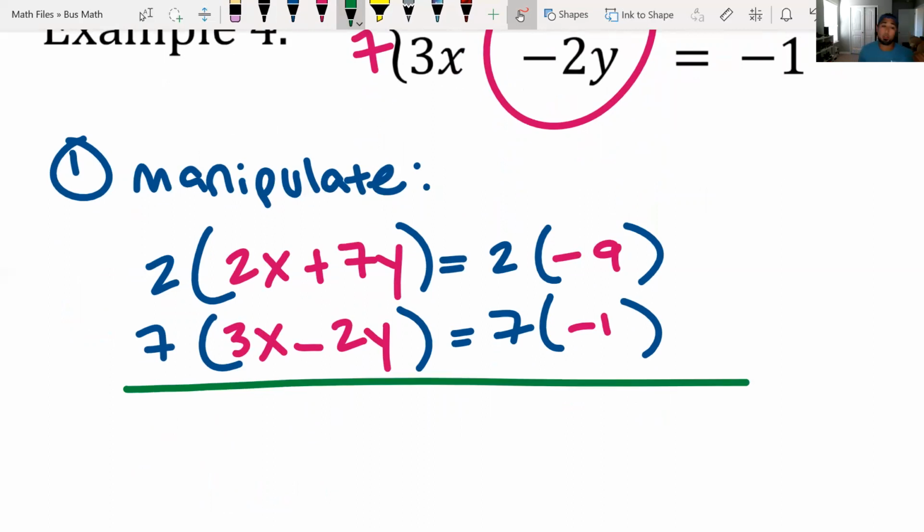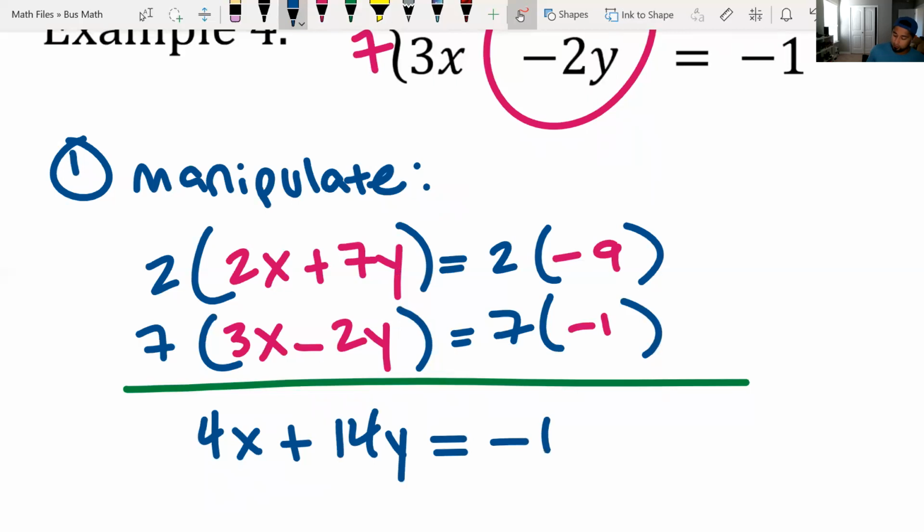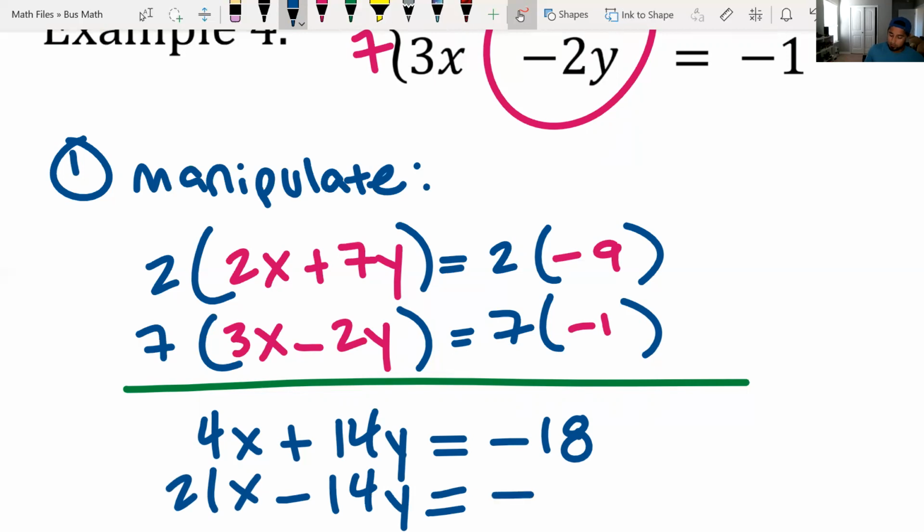Clean it up, distribute the 2, distribute the 7. We get 4x plus 14y equal to -18. Oh, and it's very, very easy to mess up a sign here. So be very, very careful. And then 21x minus 14y equal to -7.